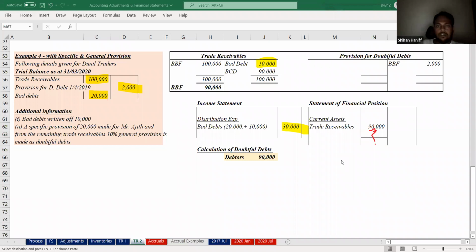I got one answer, 29,000. 29,000 is wrong. 83,000 wrong. I want the provision for doubtful debt. 14,000 wrong. 20. Only one answer I got.